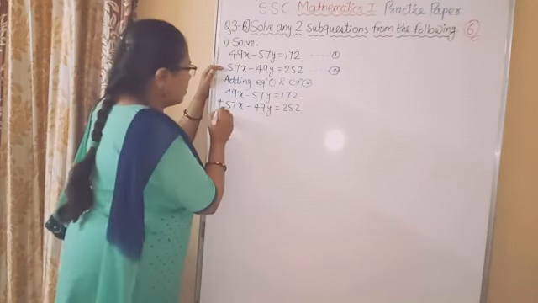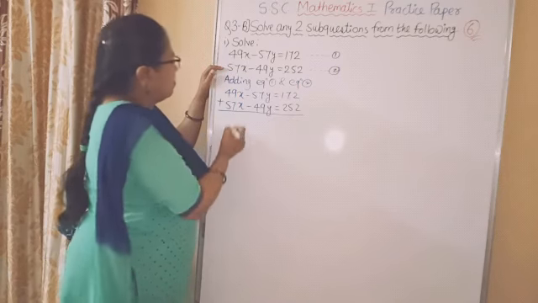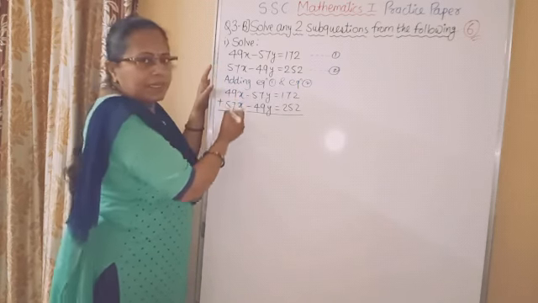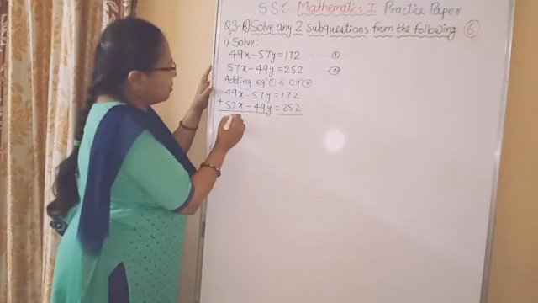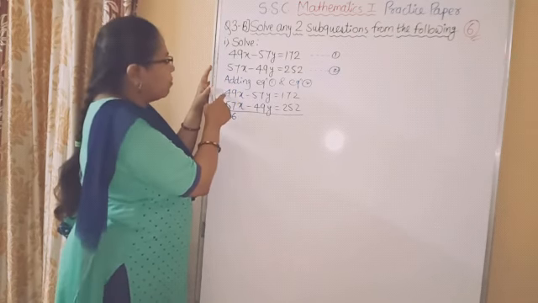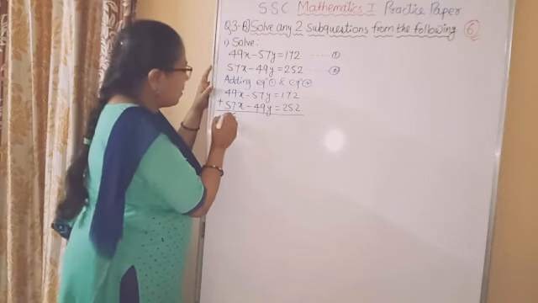So add these equations. 49x plus 57x, like algebraic expressions addition, add coefficients. 9 plus 7, 16, carry 1. 4 plus 1, 5, 5 plus 5, 10.